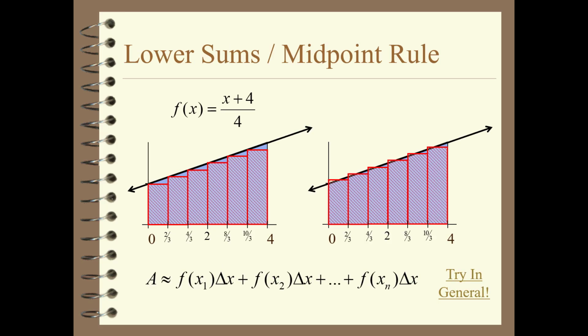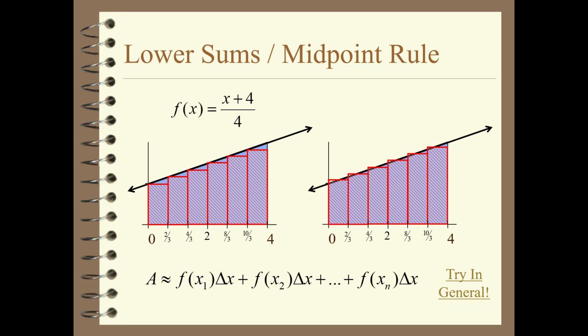Now, I'm giving a little bit of freedom. You don't have to pick the rightmost x value in every subinterval. You can pick really whatever you like. If you want to be systematic, you could say I will always pick the leftmost x value. In this case, that would create what's called a lower sum, because in every subinterval, since the function is increasing, if I always pick the smallest x value, that would give me the smallest function value.